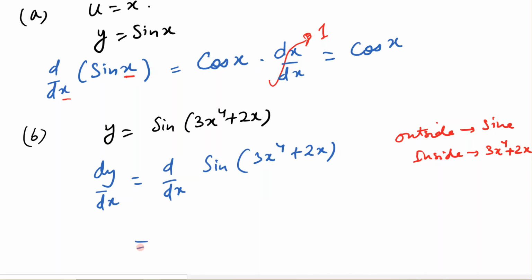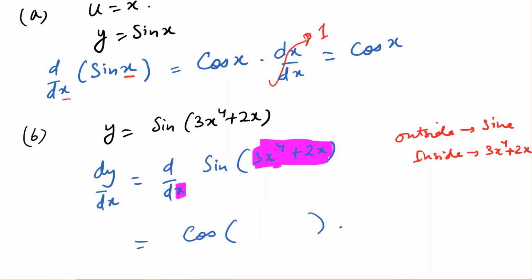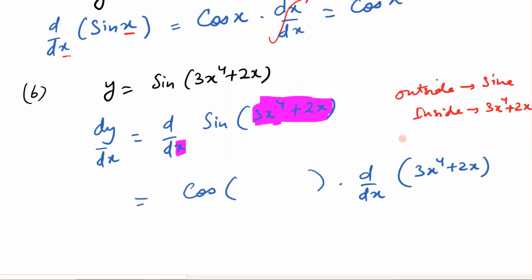So first, the derivative of sine is cosine of something, times, and since here we have an expression that is not simply x, by the chain rule we need to take the derivative of that inside function. So derivative of outside times derivative of inside. Let's put this expression here.